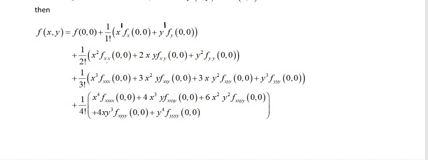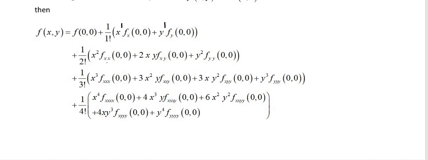Here also observe, x cubed is there, that's why 3 f_xxx. Here x square y is there, 3 f_xxy. x y square is there, 3 f_xyy. y cubed is there, f_yyy. Here no y, 1 y, 2 y's, 3 y's.